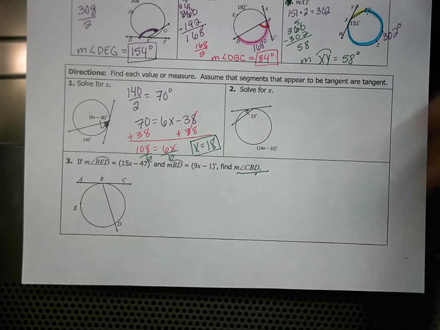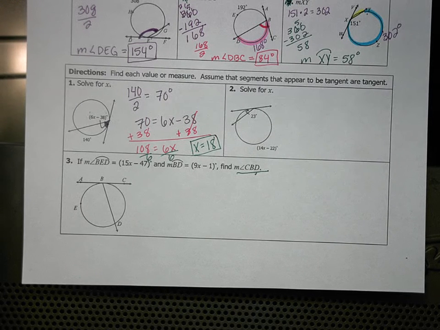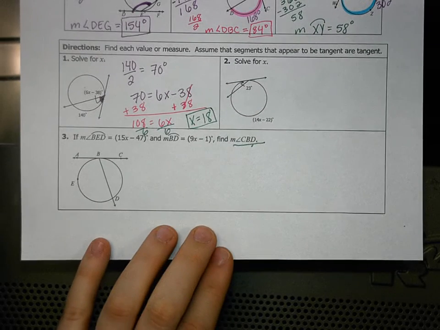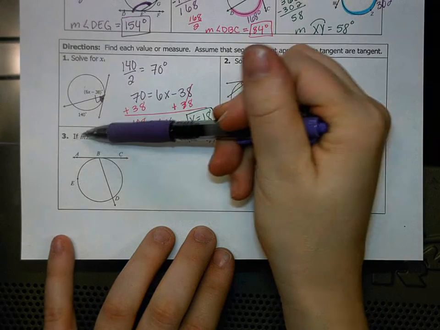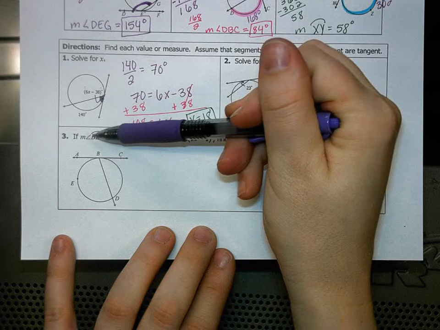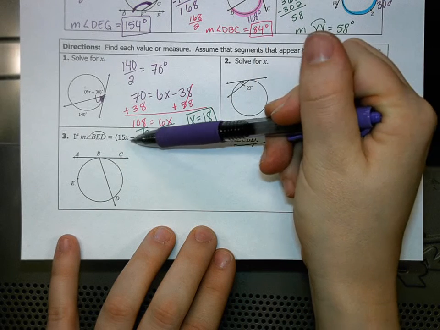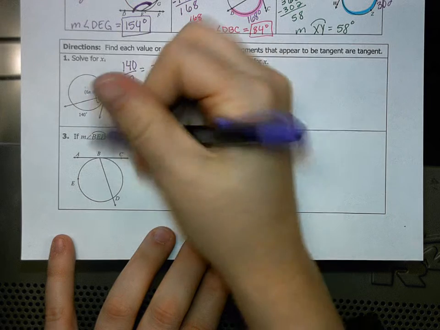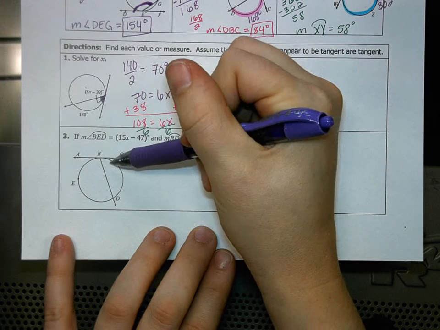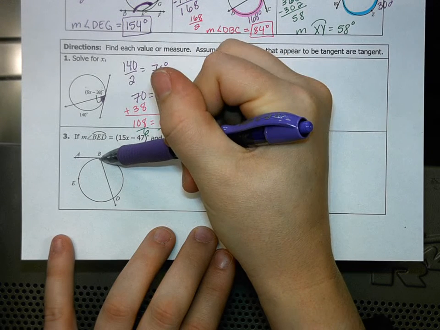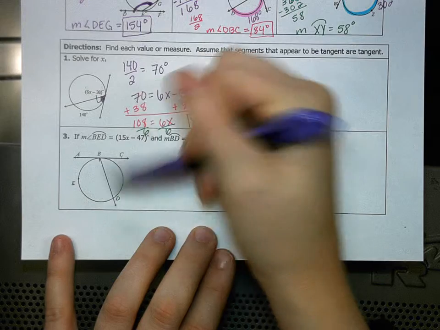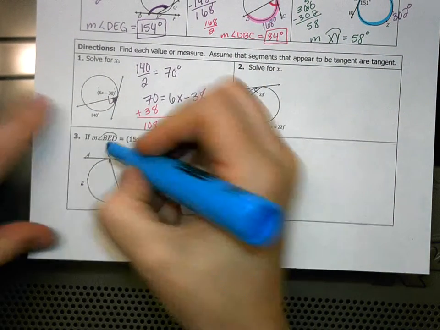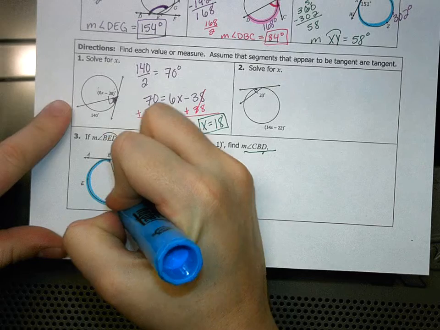Okay, we're going to do one more together. Let's go ahead and do number 3 together. The measure of angle BED is 15x minus 47. So BED, oh sorry, that's arc BED right here.